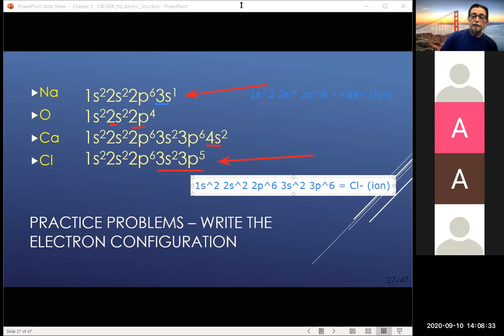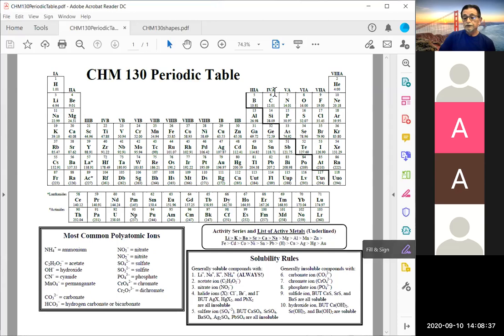Okay. Let me bring that periodic table up. Notice the nonmetals over here. So nitrogen, oxygen, fluorine, they're very close to the noble gases. So from an energy perspective, it's easier for them to gain electrons. Hence, they become negative ions.